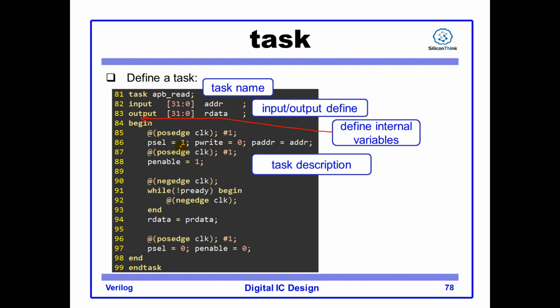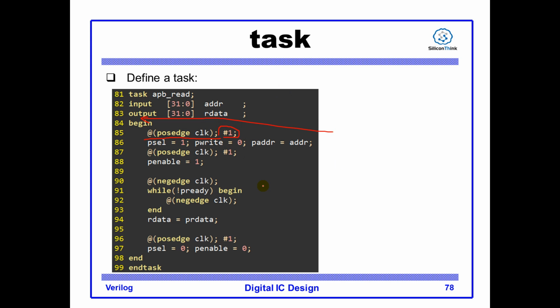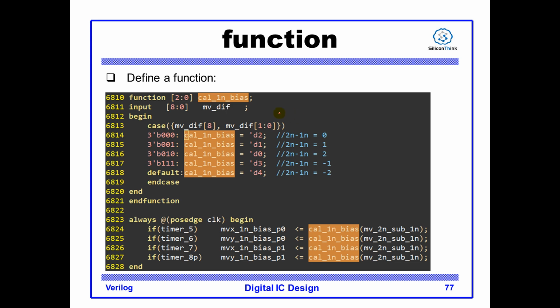And in a task, the event wait statement is allowed, such as at posedge clock, or delay some time units. The event wait statements can be allowed in a task. But for a function, event wait statements are not allowed.